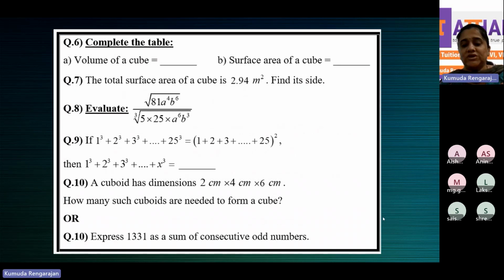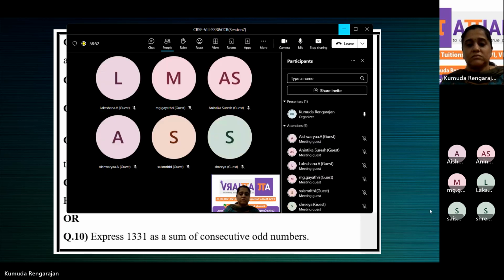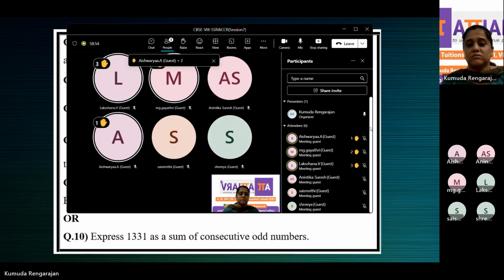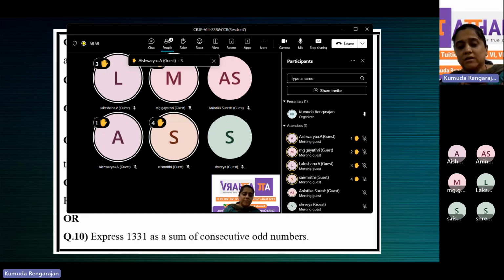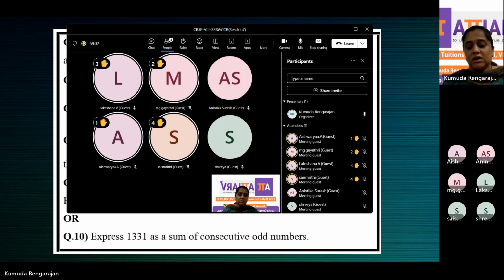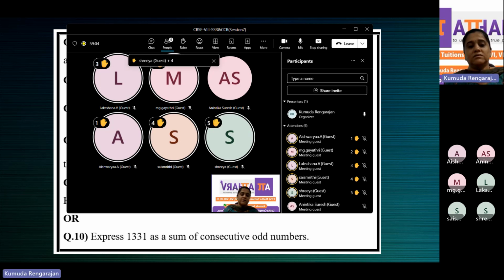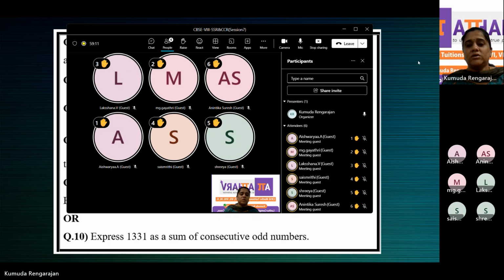Online students, use the emoji, raise your hand. Aishwarya, Gayatri, Lakshana, Sai Smriti, Anantika, Shreya. All right. Okay, good children.